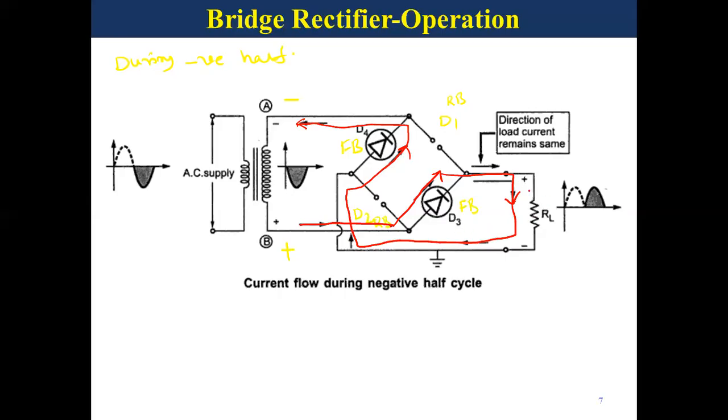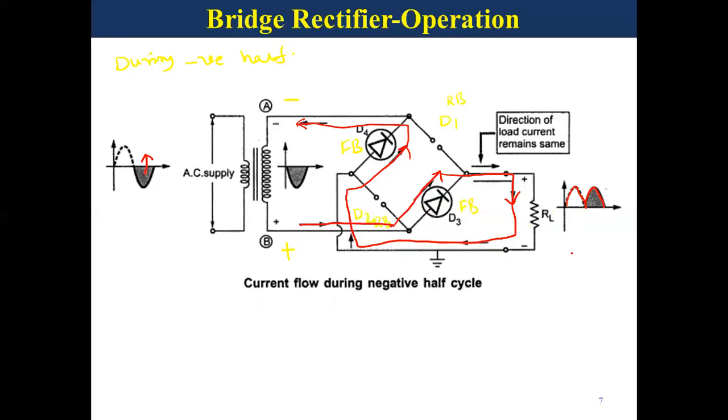Here the direction of current during the positive half cycle and during the negative half cycle is the same. So the negative half cycle of the input is converted to a positive half cycle. During the positive half cycle, a positive half cycle is developed across the load.